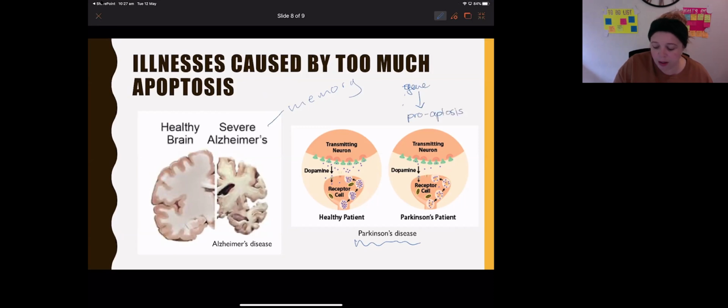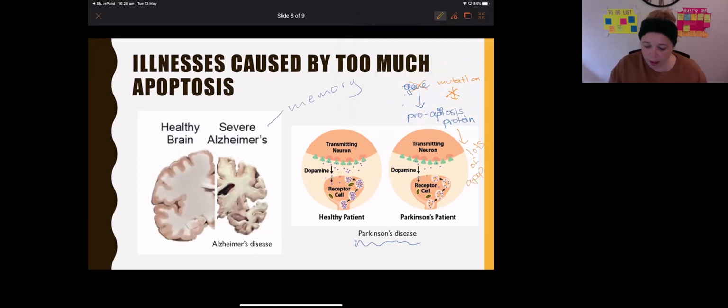I haven't spelled that right, yeah? You get what I mean. So what they're saying with Parkinson's is that maybe there's a mutation in this gene. If there's a mutation in this gene, then we're not going to produce that pro-apoptosis protein. And so therefore, the result is lots of apoptosis.